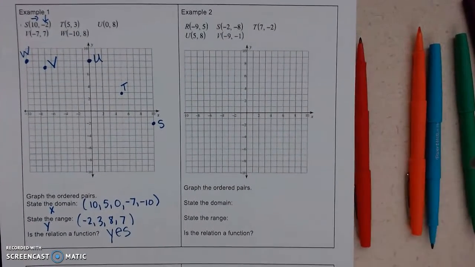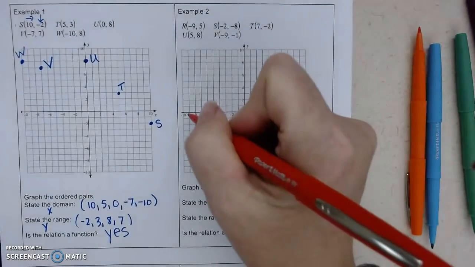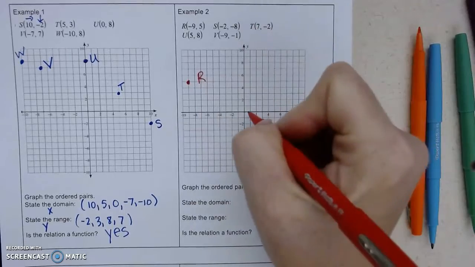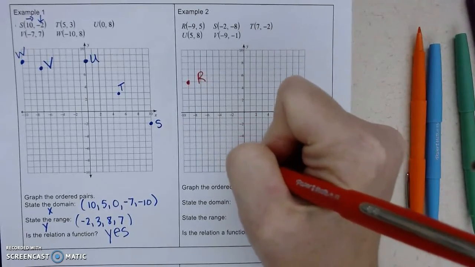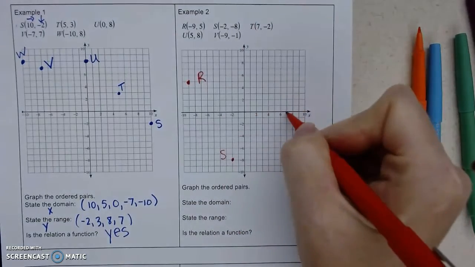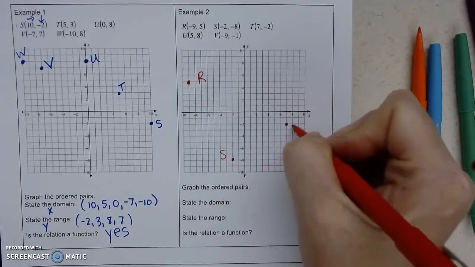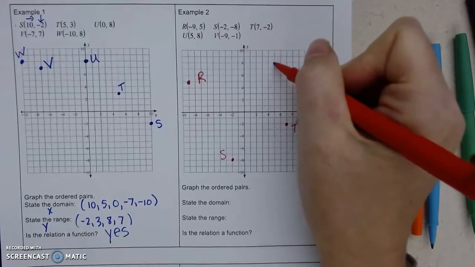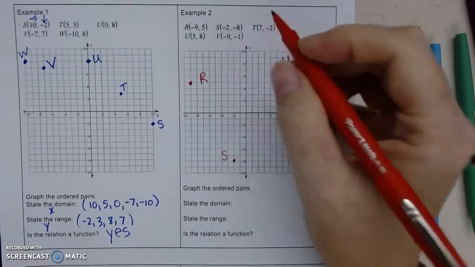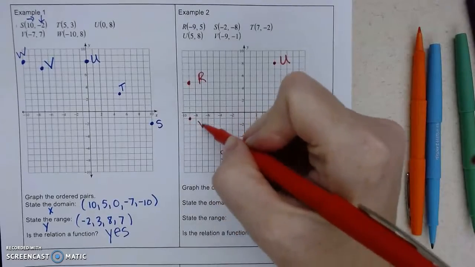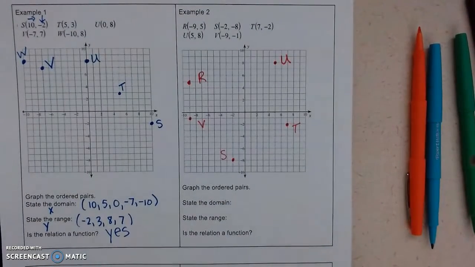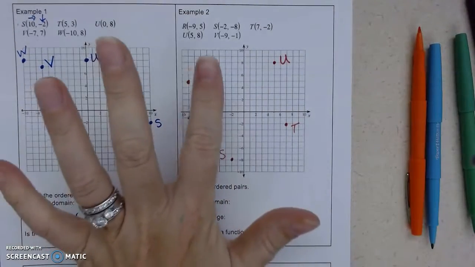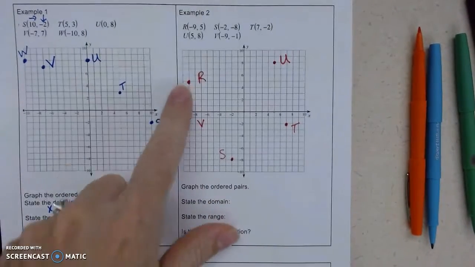All right, let's try another example. So we've got -9 up 5. We've got -2, -8, 7 down 2, 5 up 8, and then V. So if I drew a vertical line, this one would touch twice.